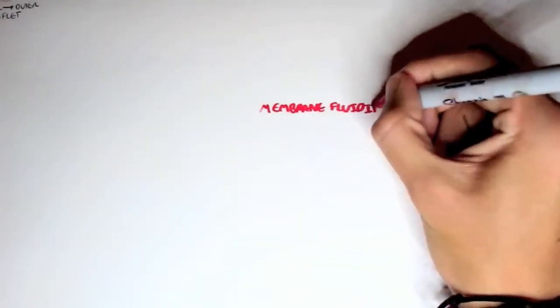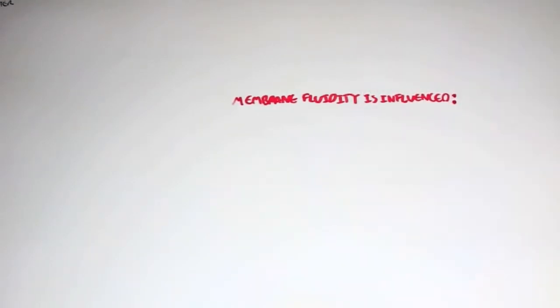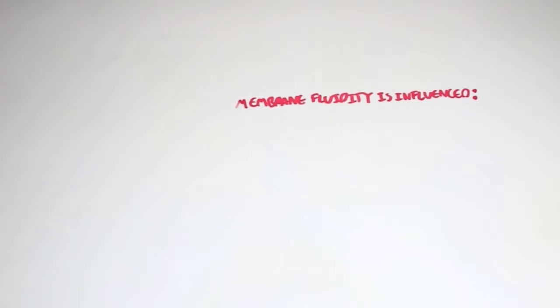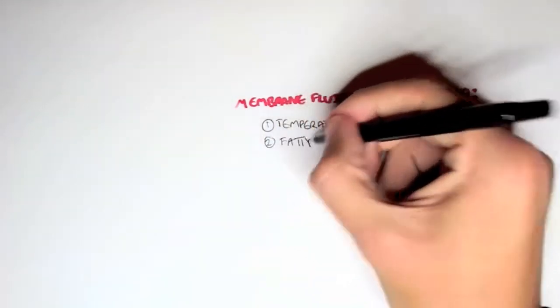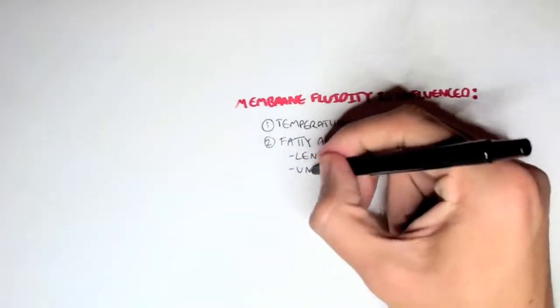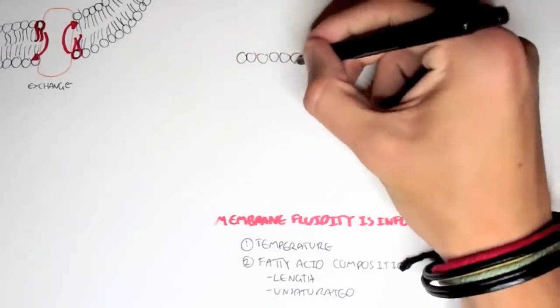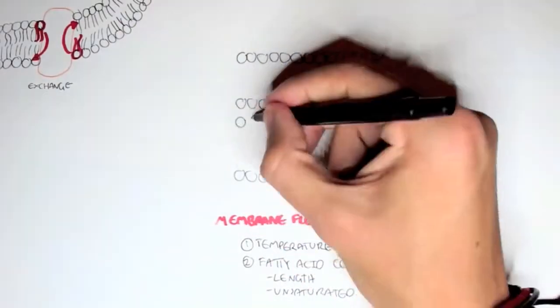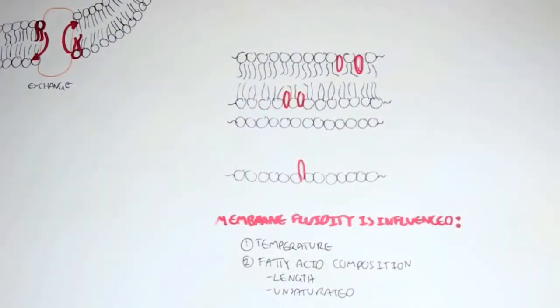Interesting. Now let's talk about how membrane fluidity itself is influenced. What influences membrane fluidity, most importantly, the two, is temperature and also the fatty acid composition. What I mean by this is the fatty acid length, for example, or if they contain unsaturated double bonds. So to show you an example, I would like to draw you two membrane bilayers.